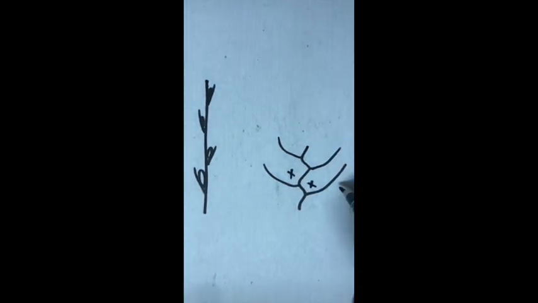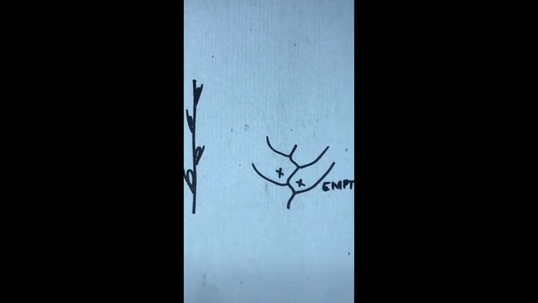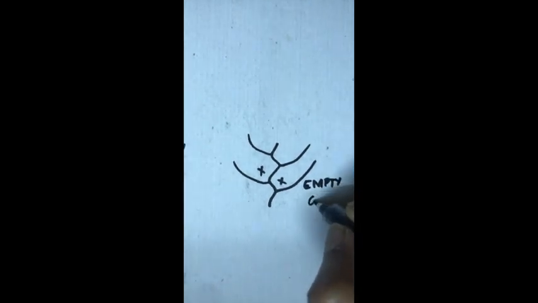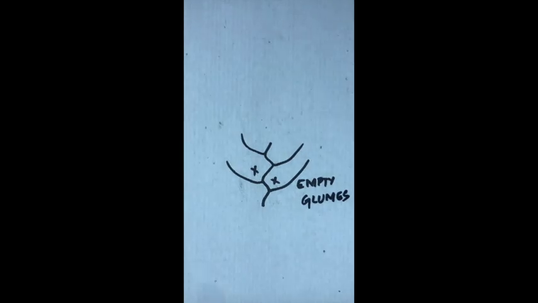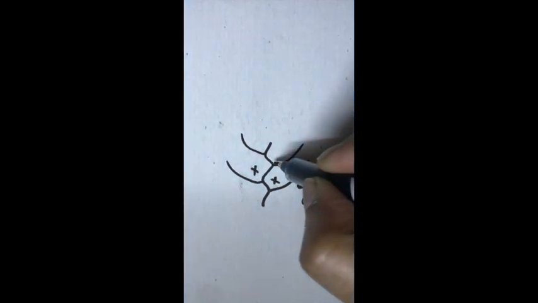So they are termed as the empty glumes. The upper two bracts, however, contain flowers.